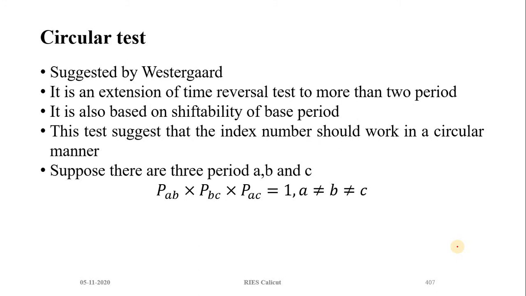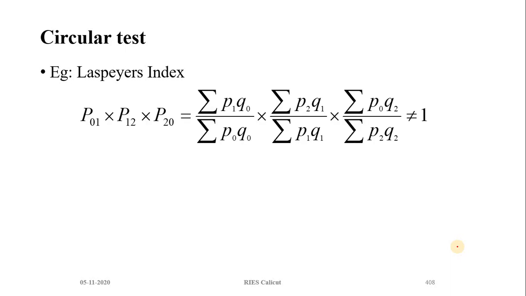It should get 1, where A is not equal to B is not equal to C, that means A, B, C are three different periods. If you find the price index number among these three time pairs, AB, BC and AC, and multiply all these index numbers, you should get 1. If it is satisfied, then your index number satisfies the circular test.